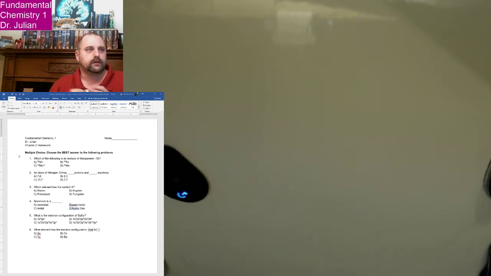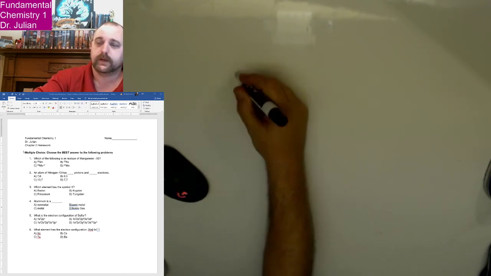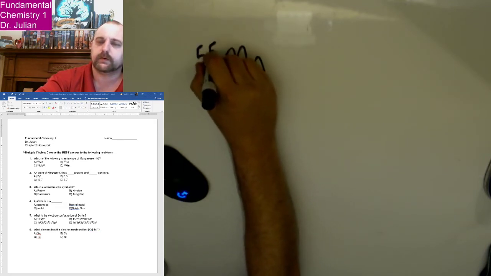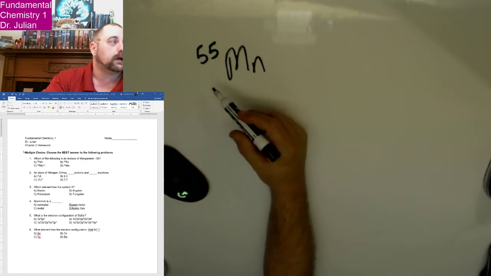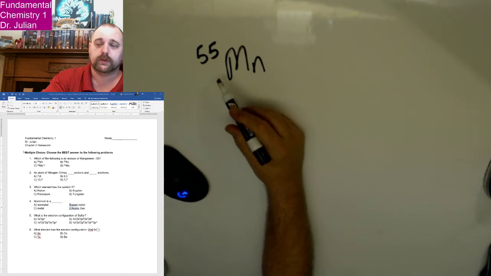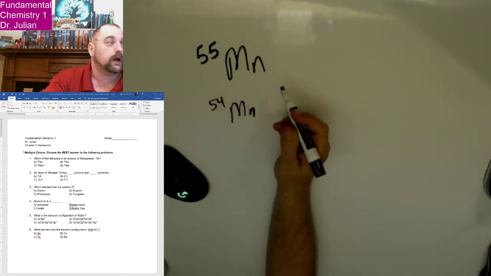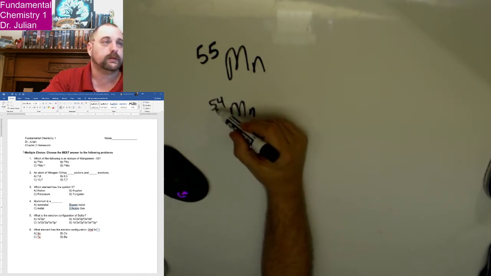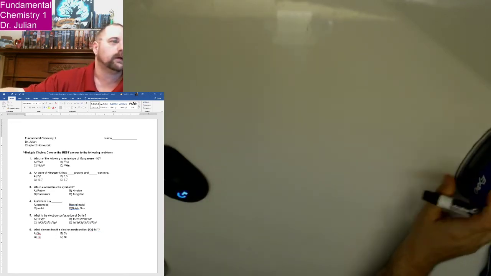So if I were to write these, manganese Mn, the 55, remember goes up here. Isotopes want the same type, different mass number. It's that simple. So I'm going to choose not A, which is the same, but D, which is Mn54. Then the others have the same symbol, different number. That simple. All right, so moving on.